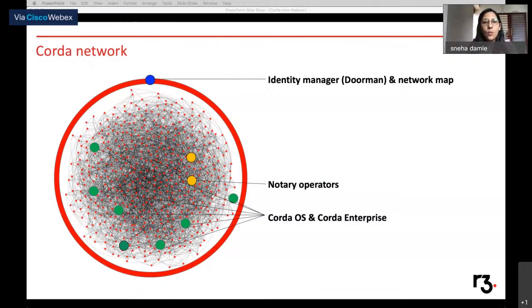So what does this offer to you? This offers complete interoperability. The nodes are able to exchange data with each other. They are able to exchange assets with each other on a very secure internet layer. Eventually many networks become part of this global Corda network.